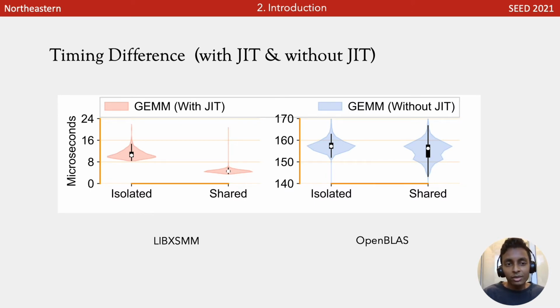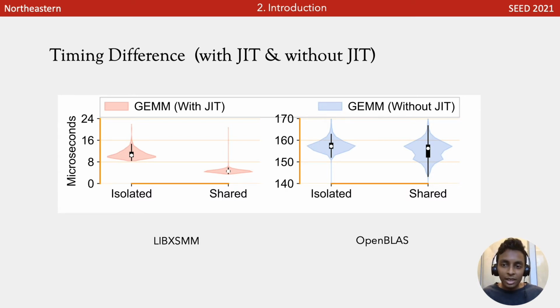So on the left hand side you can see libxsmm, which is a JIT optimized GEMM library, and on your right hand side you can see OpenBlast, which is a traditional GEMM library. So an isolated run in this case means that only the adversary is present in the compute environment.